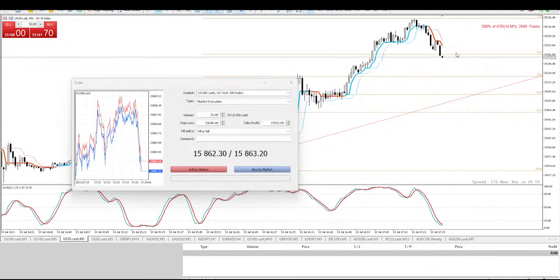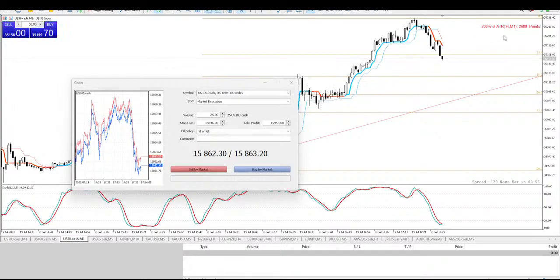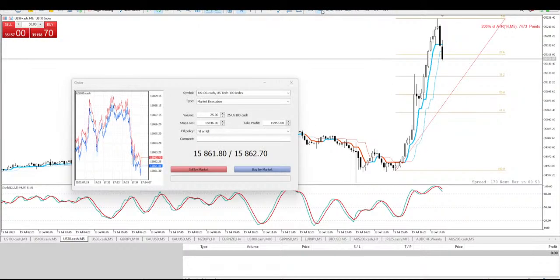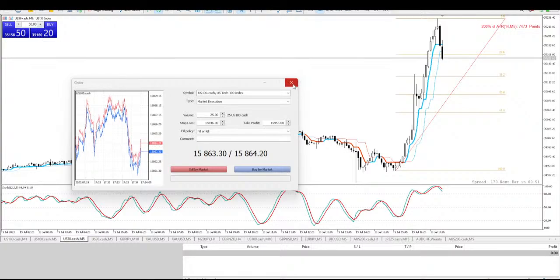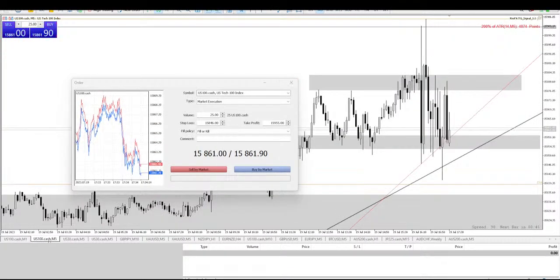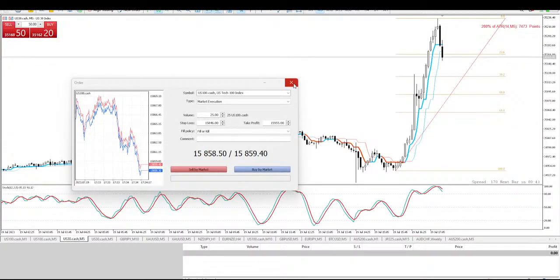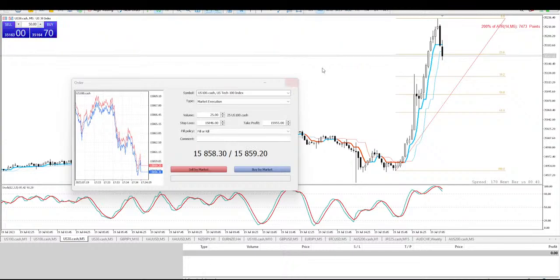Yeah, US30 short is activated here. Might end up doing that instead of waiting for NAS, to be honest. Let's see.